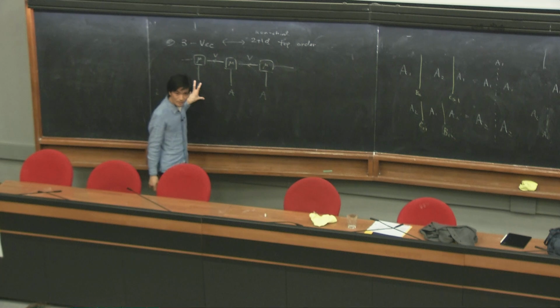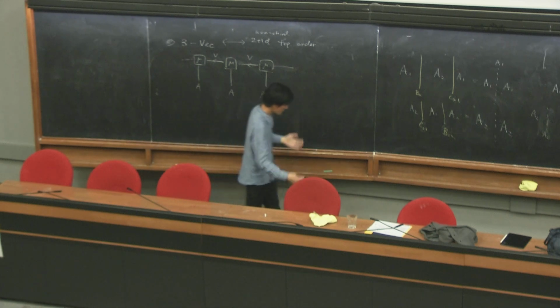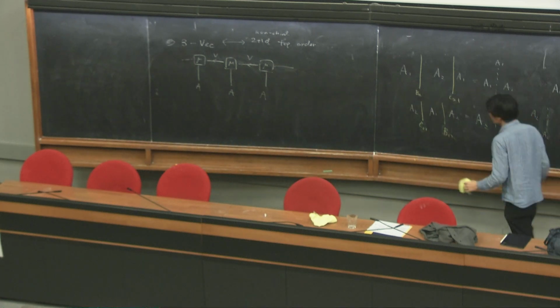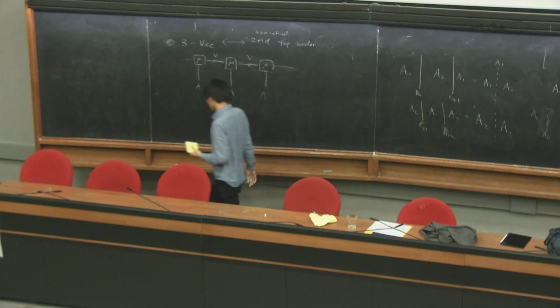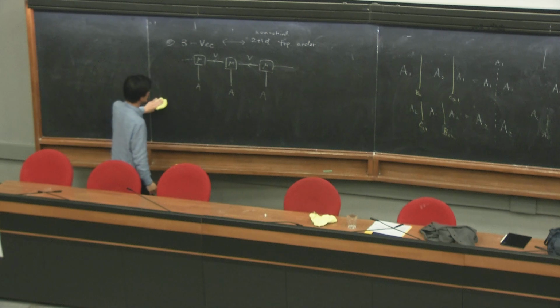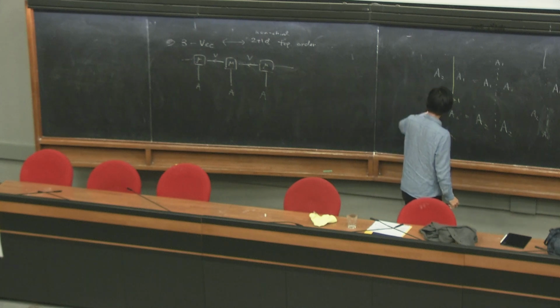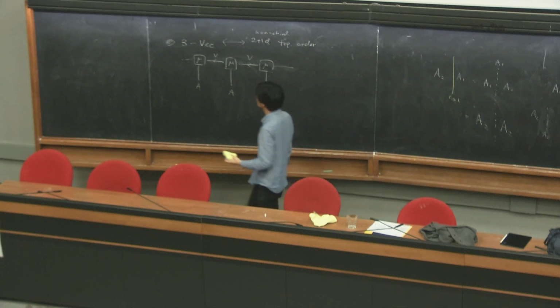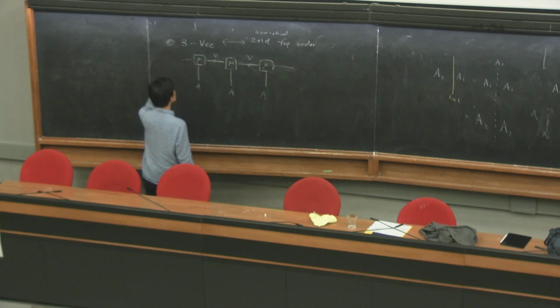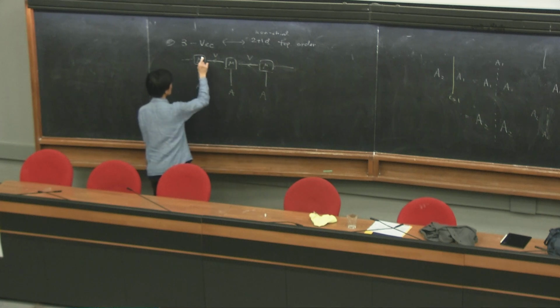Namely, A is 2-Vec, B is 2-Vec, and mu is a bimodule. That's a way of going up in dimension. Okay, let me emphasize that.